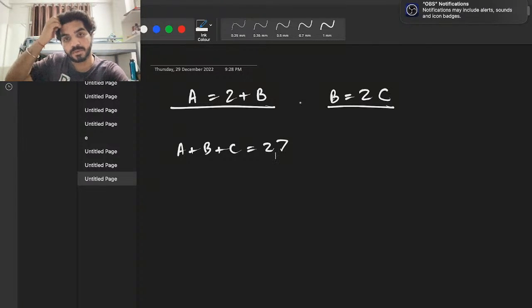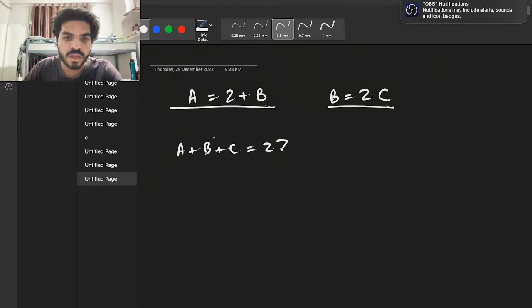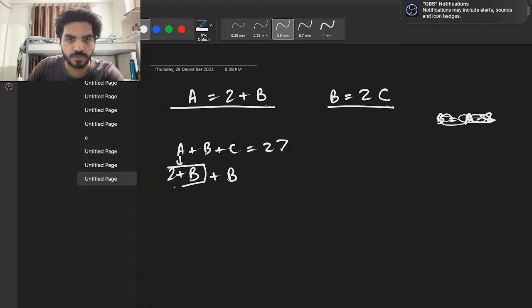Since we are asked about B, we will substitute both A and C in this equation in terms of B. And B is there in both the equations I mentioned above. So A is equal to 2 plus B. This is brought down from this. This is coming as B itself.